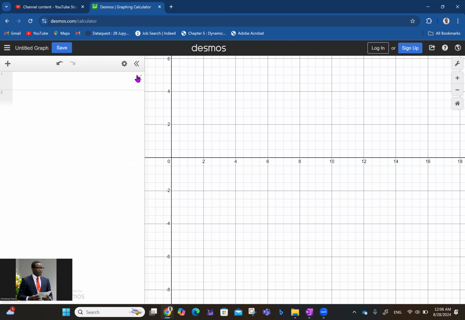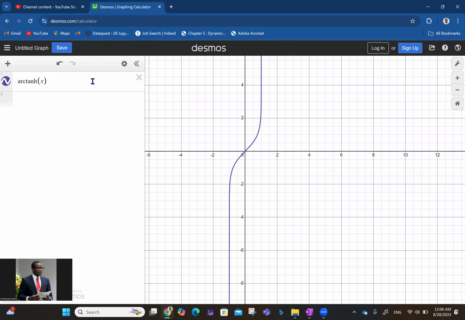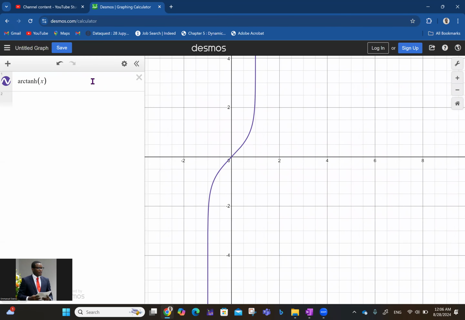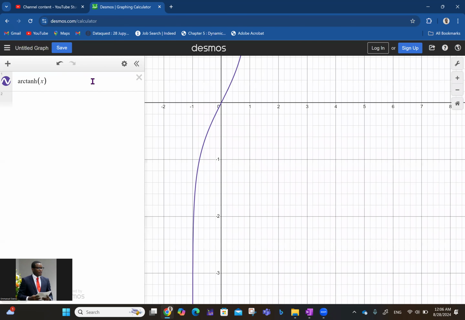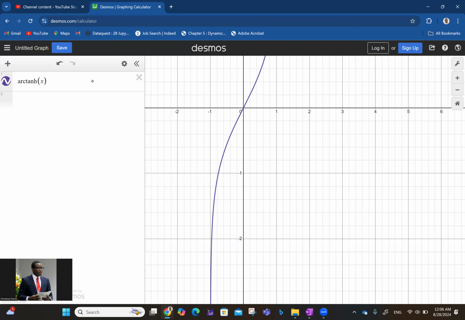So it's about the y-axis like that. And you can see that it is restricted between minus 1 and 1. So it's confined between minus 1 and 1. So that's arctanh x.